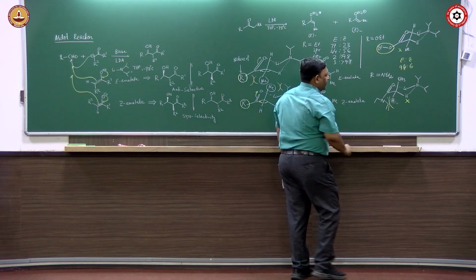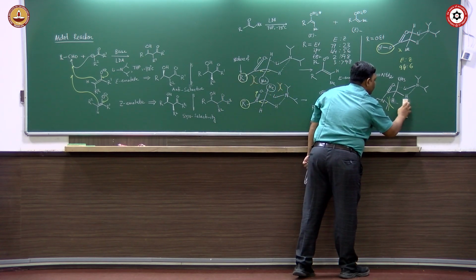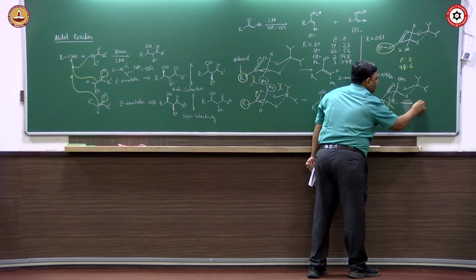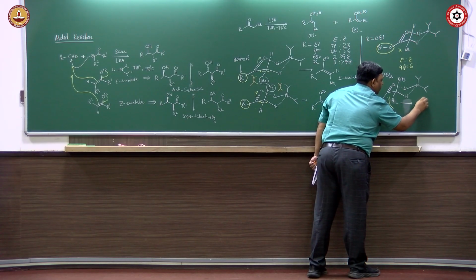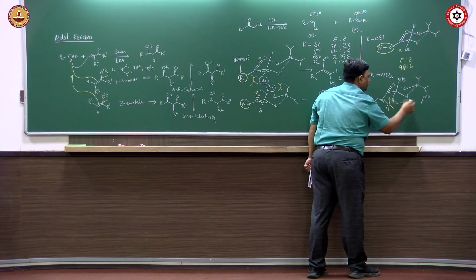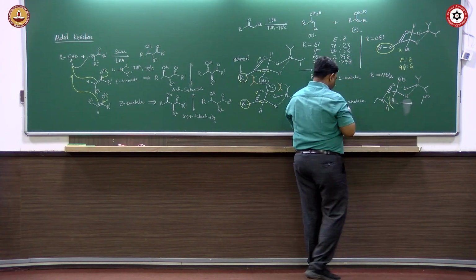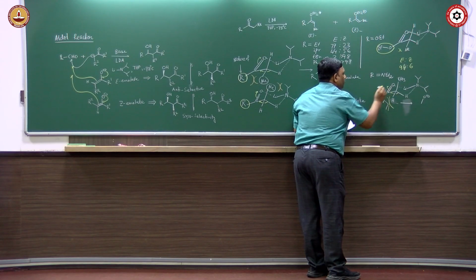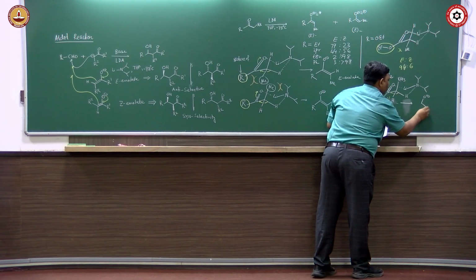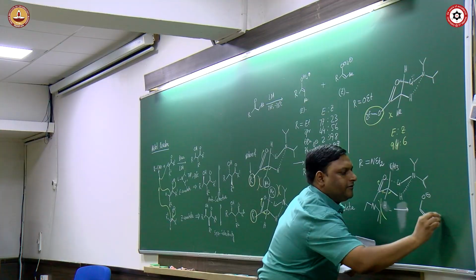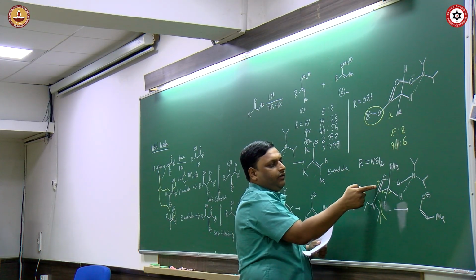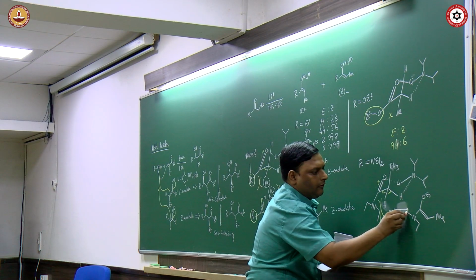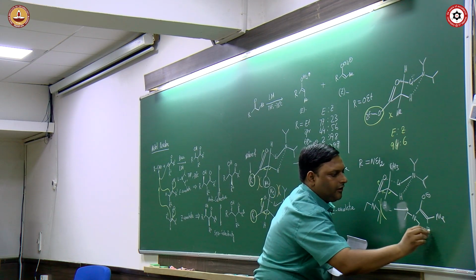So if that is the case, what you exactly get from this case, you can simply think that you get an O minus and you generate a double bond here. So you are generating a double bond where the methyl is on the upper right side. So methyl and oxygen are on the same side, and this is the amide and this is the hydrogen.